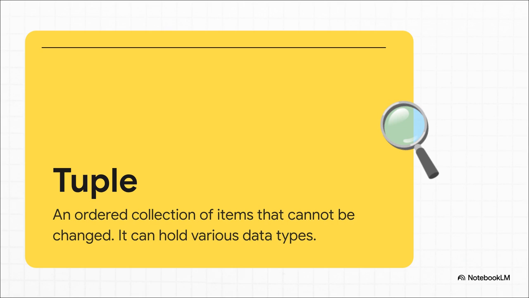The two most important words in that definition are ordered and unchangeable, or as programmers like to say, immutable. And honestly, the best way to think about a tuple is like an engraved stone tablet. Once you carve that data in, that's it. It's there for good. You can look at it a million times, but you can't just scratch something out or add new carvings later.